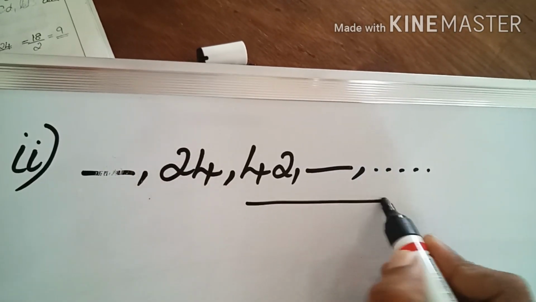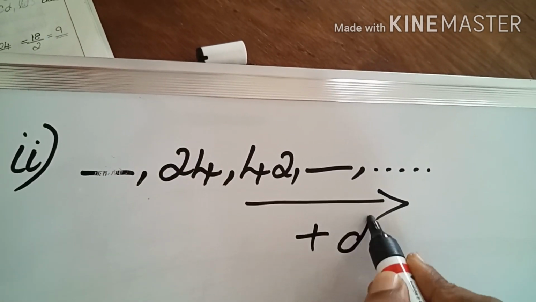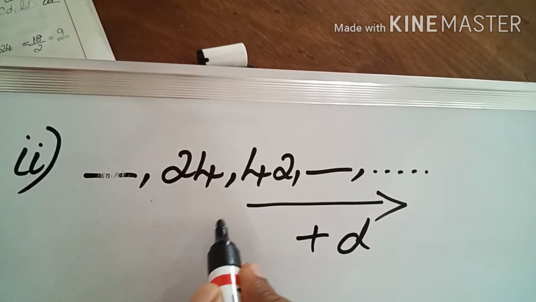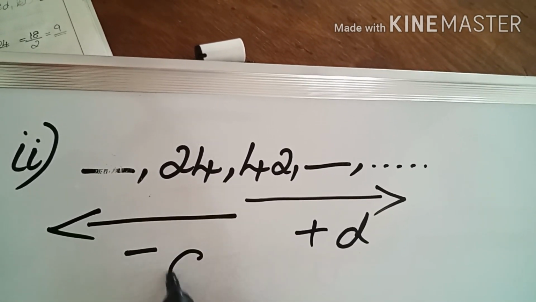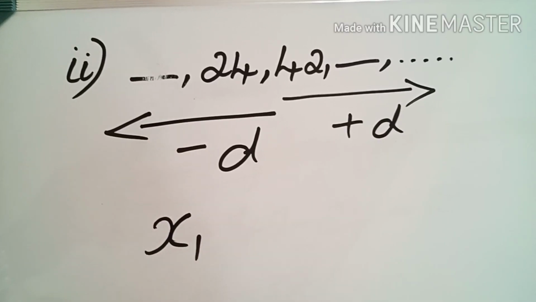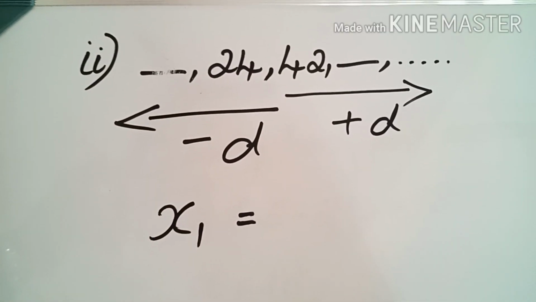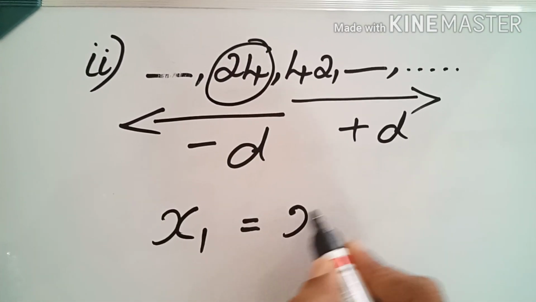Now in an arithmetic sequence, moving forward it is adding the common difference. Likewise, moving backward we have to subtract the common difference. That is the rule. Moving forward adding, moving backward subtracting. So to get the first term x1, we have x2. Backward, x1 is the first term, x2 is given.